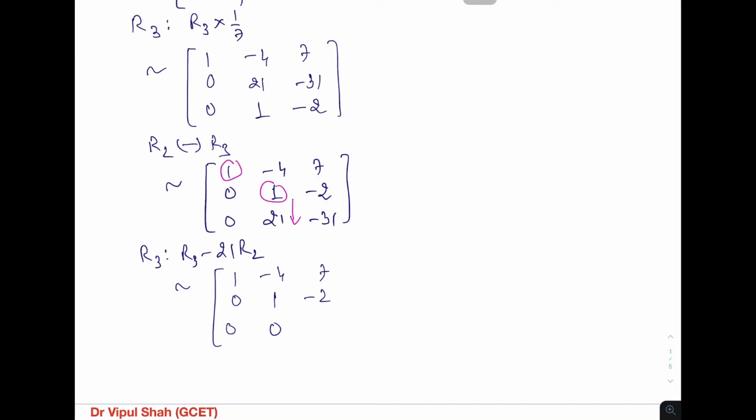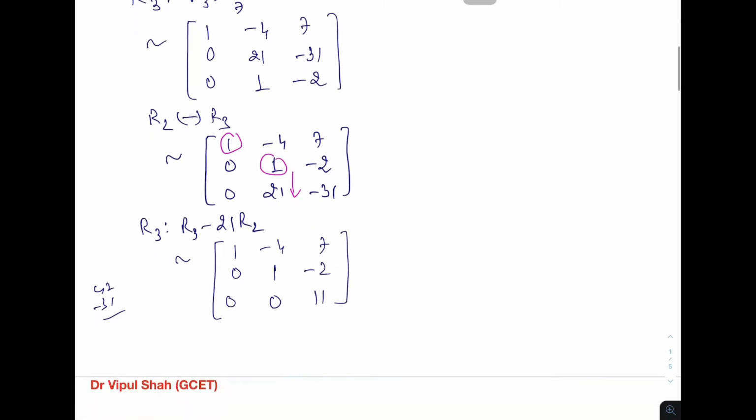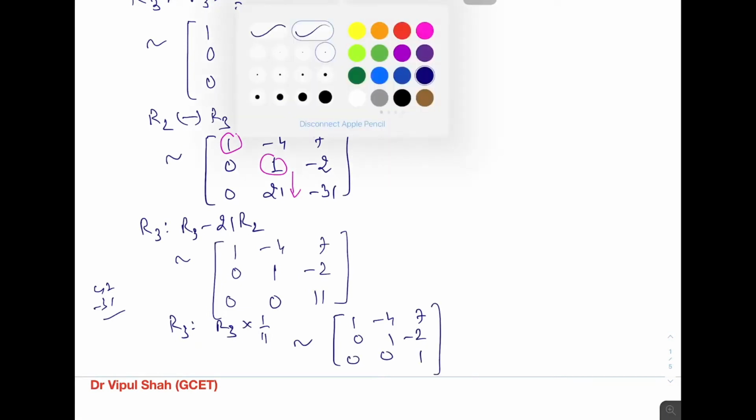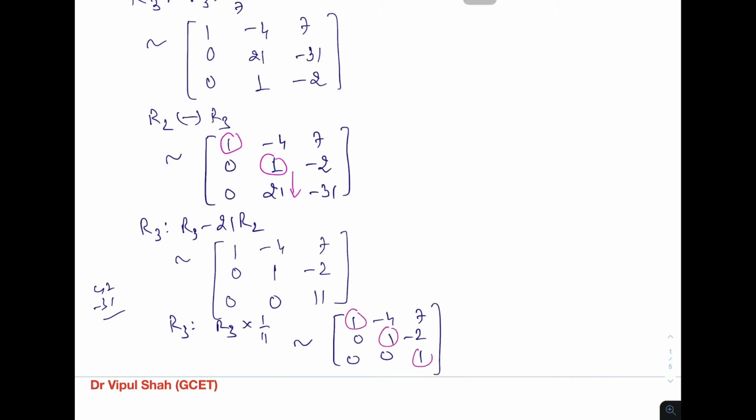Then multiply with -21 here, that will be 42, plus 42 minus 31, so that is nothing but 11. And you can do like this: R3 multiplied with 1 by 11. So that we are having the matrix 1, -4, 7, 0, 1, -2, 0, 0, 1, which is in the row echelon form.